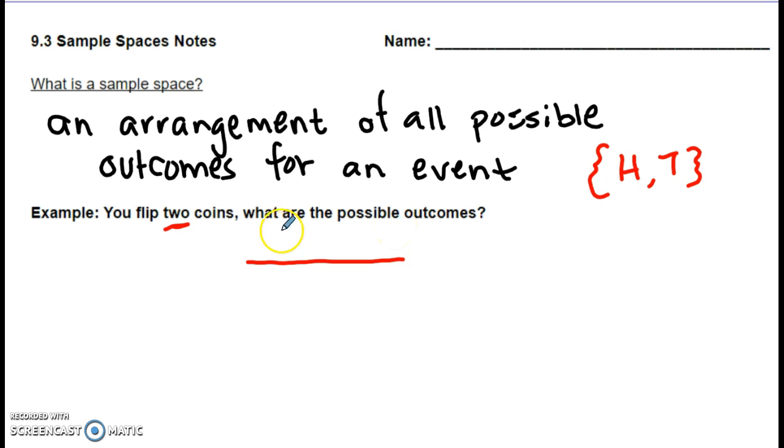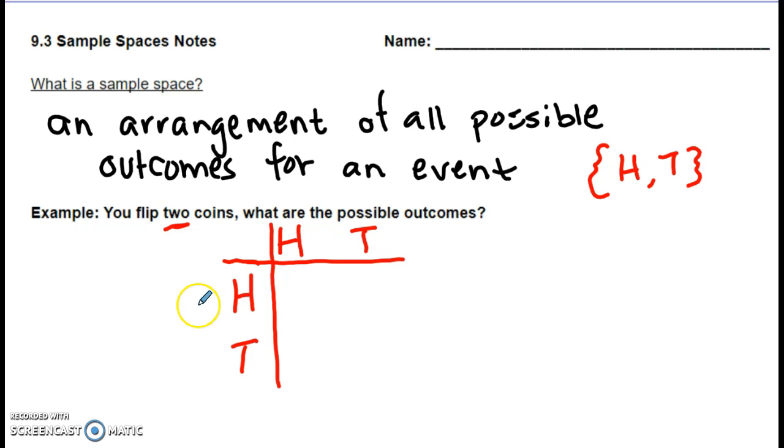So we know when we flip a coin, we have the option of getting heads, or we could get tails. But then we're going to flip it another time. And so on our second try, we're going to make a table. So we're going to put this down the side here. On our second flip, we have the options of getting heads or tails. And so we just list the first trial across the top and the second down the side.